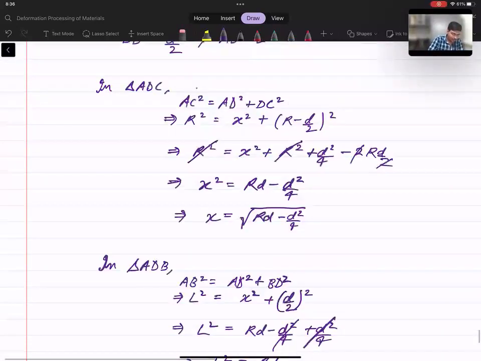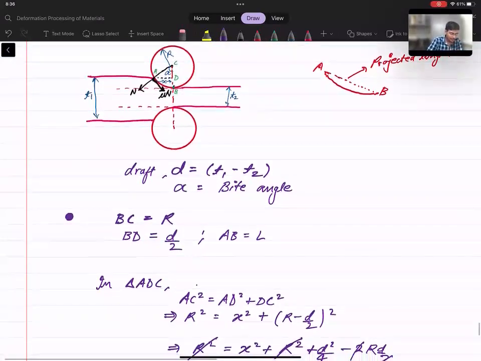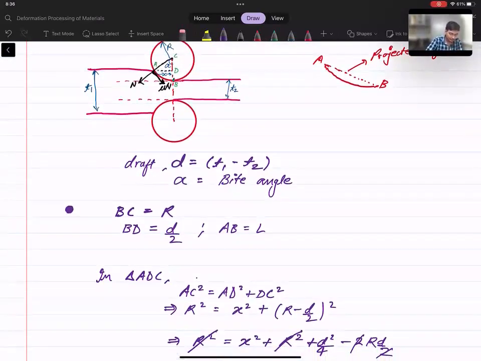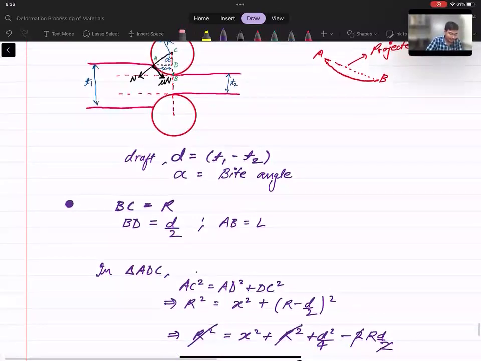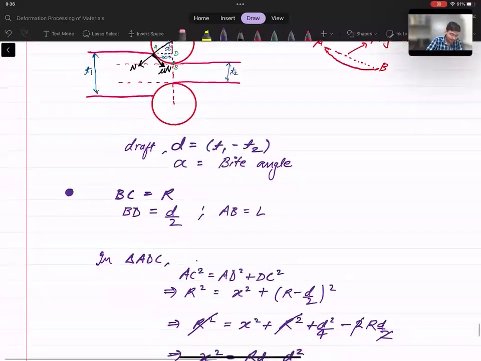From this particular figure, we can say that tan alpha will be equal to AD over DC, and AD is x. DC we have written as the radius R minus half of the draft.